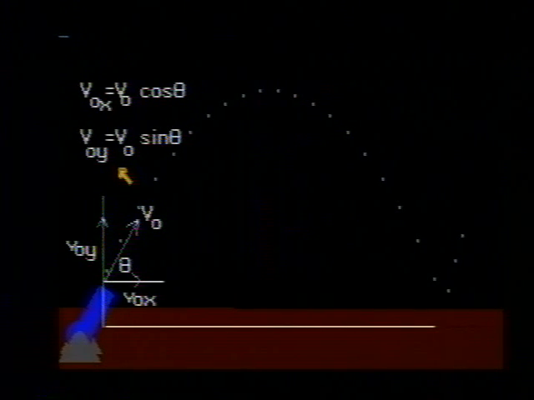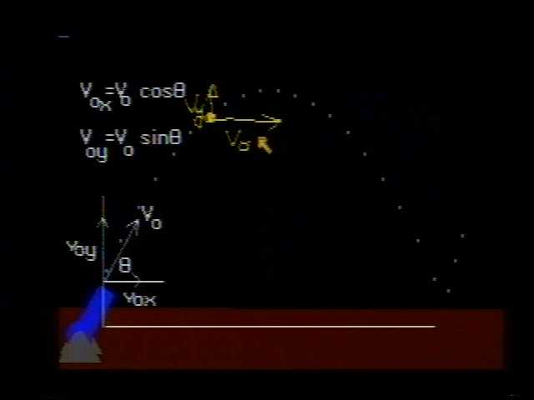If we examine the projectile at a particular point in its path, say there, let us say that its upward velocity at that point is v sub y and its horizontal velocity is v0x. That does not change, remember, if there is no friction.